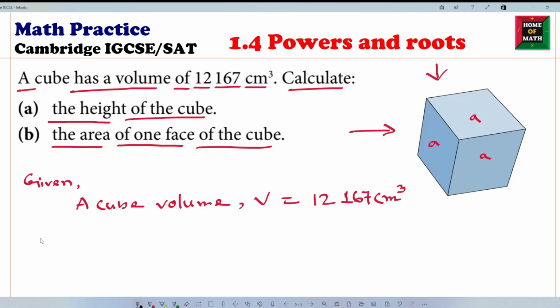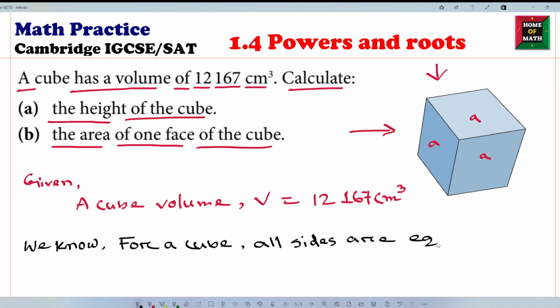We know for a cube all sides are equal, right?